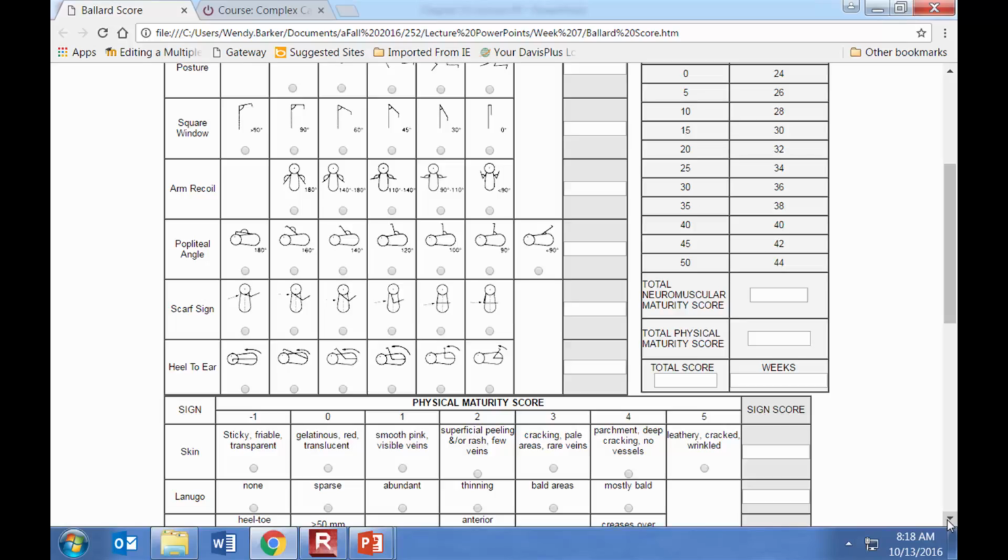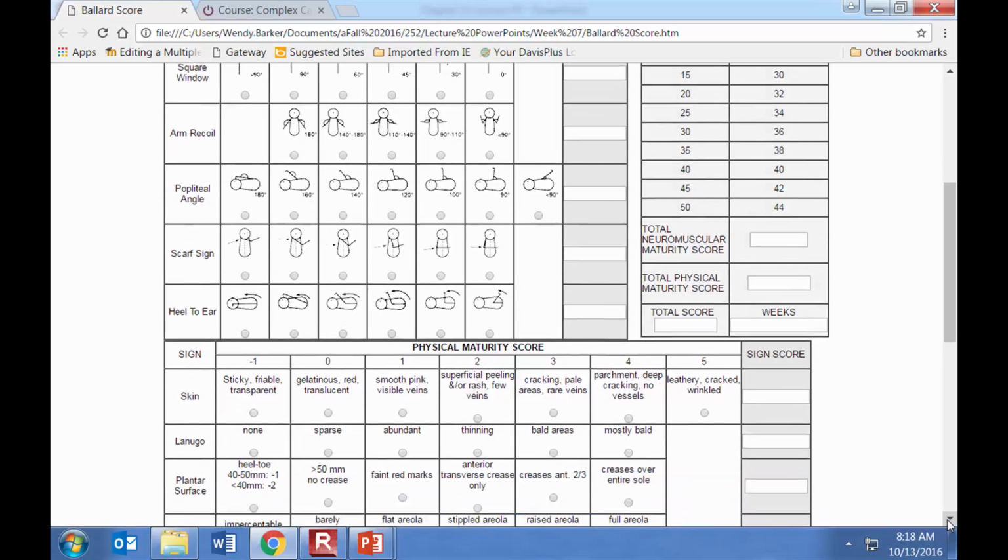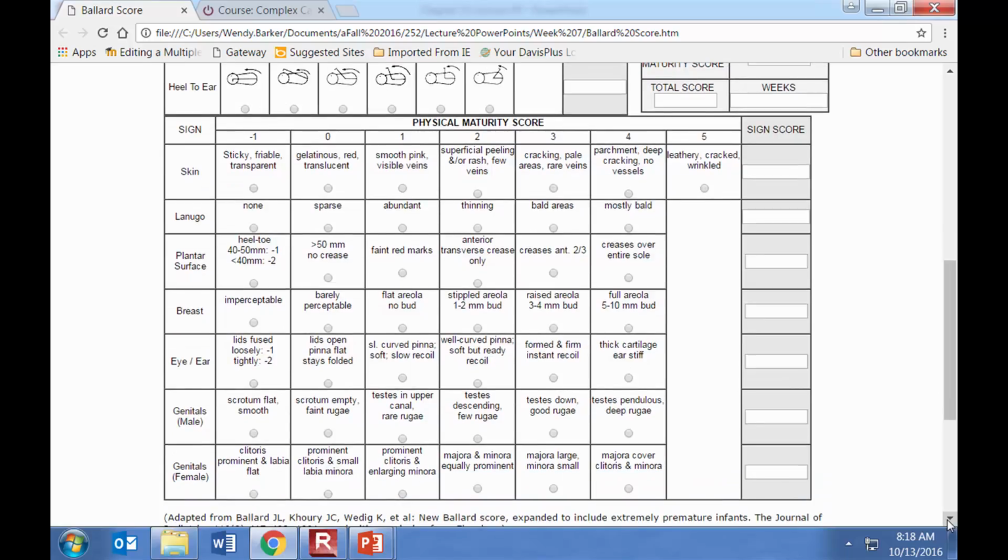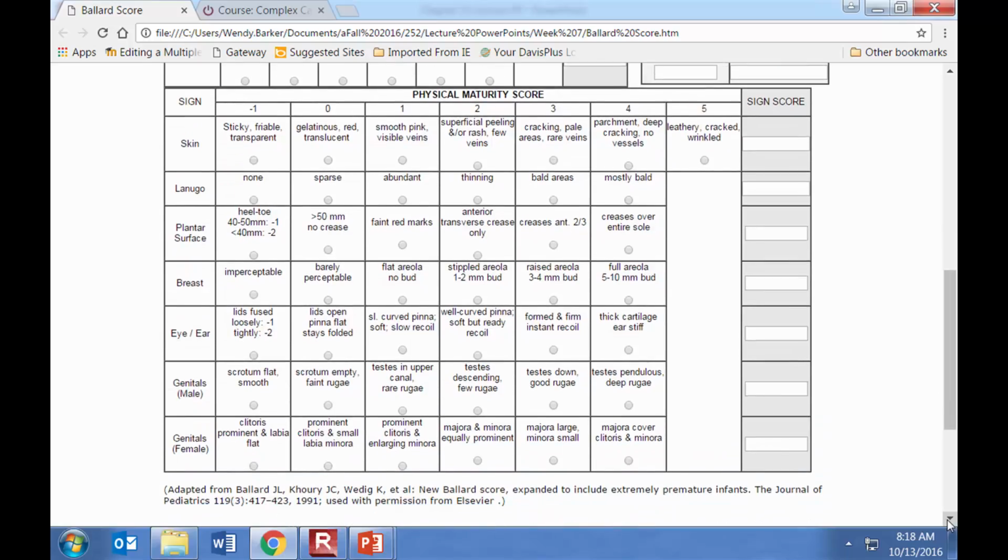Okay, now we go down to the next section. And here's some other parameters that we score. So what does our skin look like? We take these definitions and say which one best matches our baby. We fill in the circles. Our lanugo, we fill in our circles. Our soles of our feet, we look and see which one our baby best fits in. Our breast buds, same thing. Our ear, what does our ear look like?